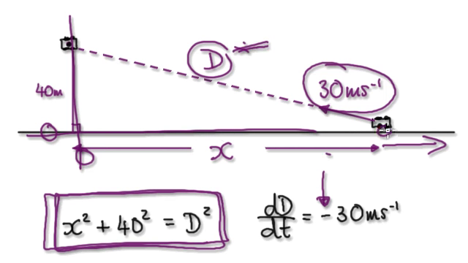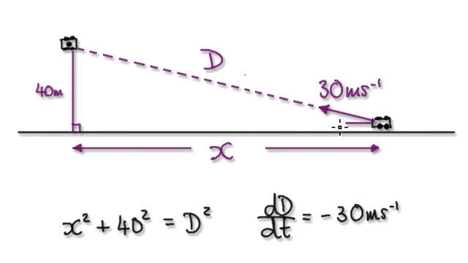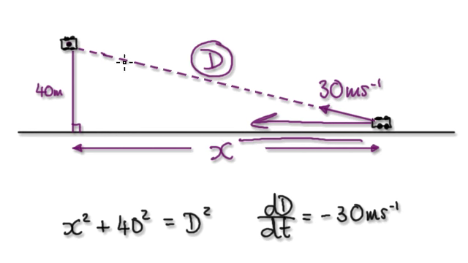Now the car is moving in this direction here, so x will decrease. As x decreases, the diagonal here will also decrease.